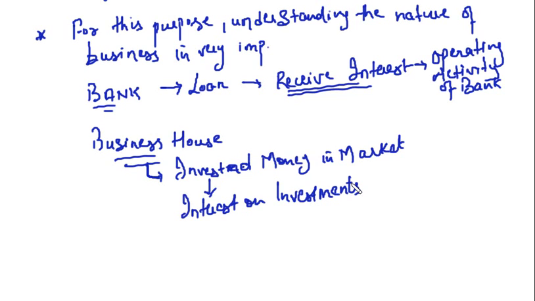Clear? So what is this person getting, if he has invested some money in the market, in the hope of earning interest on those investments? What is the motive of investing money in the market? He wants to earn interest on those investments, because otherwise his money will be lying idle in the bank, where he will be earning a much lesser rate of interest.